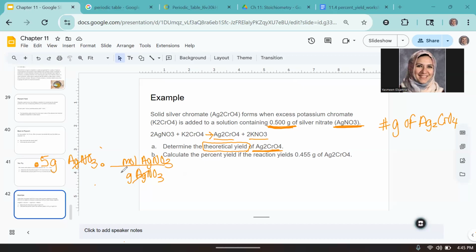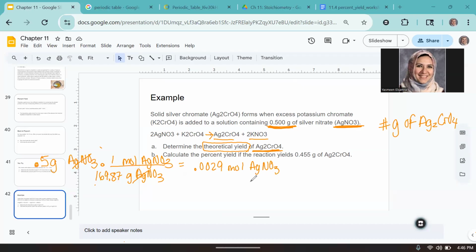This is molar mass. The molar mass of silver nitrate is 169.87. I divide these numbers and I get 0.0029 moles of silver nitrate.